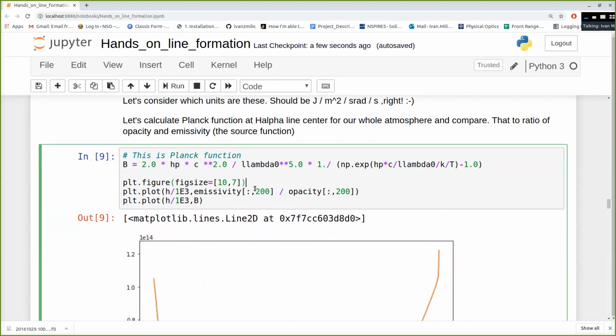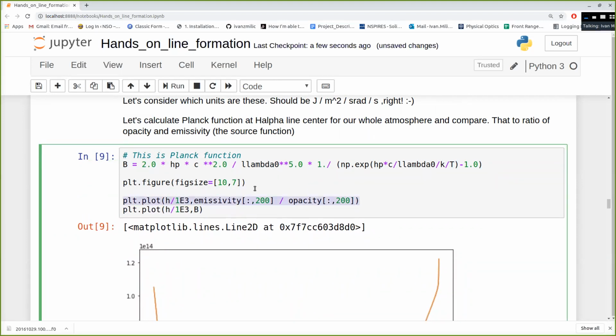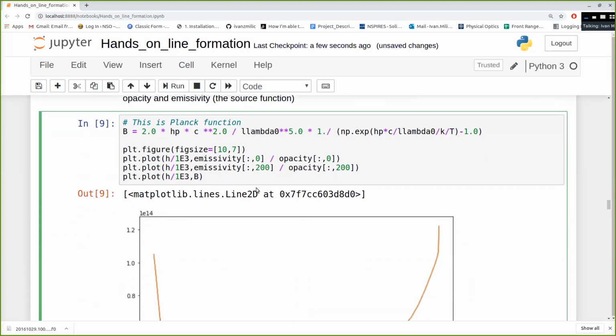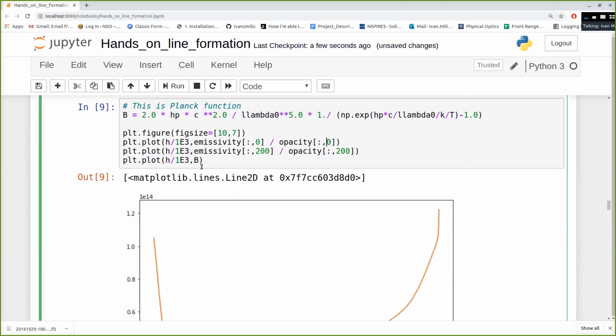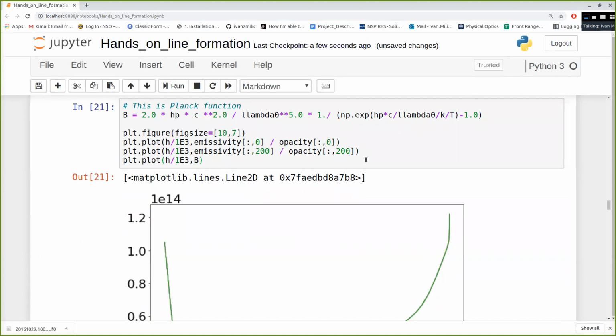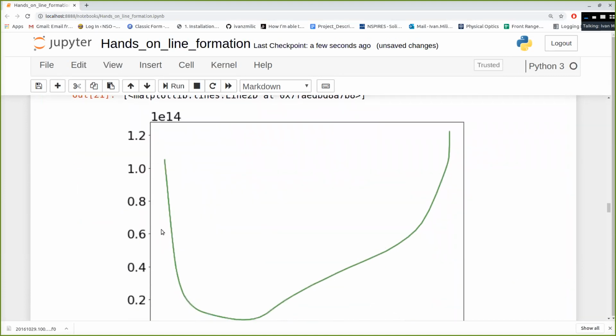I took 200, but we can also take one more. See if everything's okay. What I'm plotting is the ratio of emissivity and opacity, which is the source function, and I'm plotting the Planck function here. When I plot these, you see that all these things overlay on top of each other.